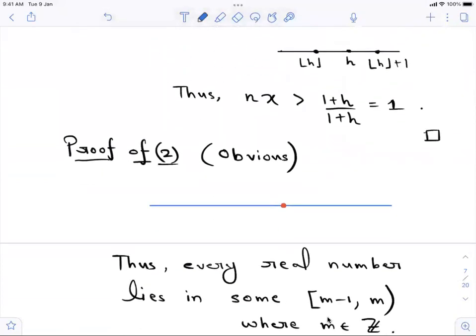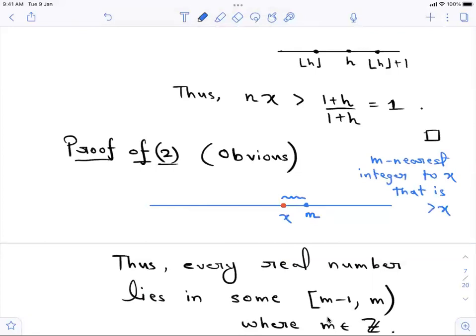So I plotted my x over here. x has to be strictly less than m. So I look for the integer that is immediately on the right hand side of x. So by construction, m is the nearest integer to x that is bigger than x. So I'm calling it m.